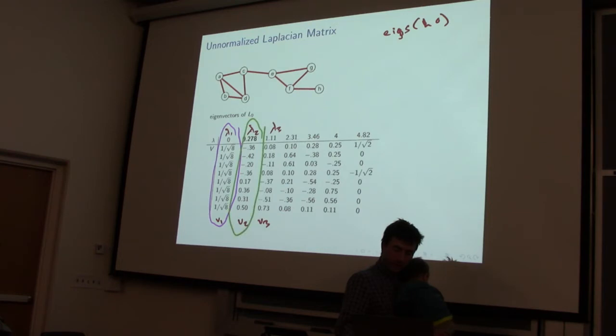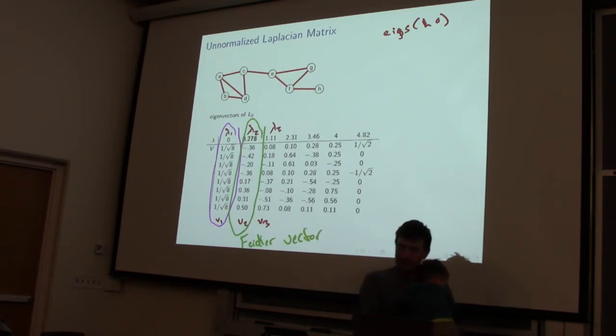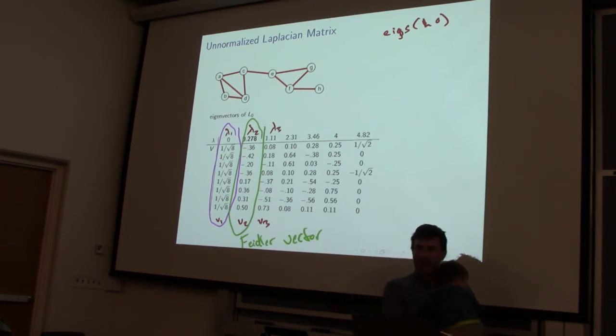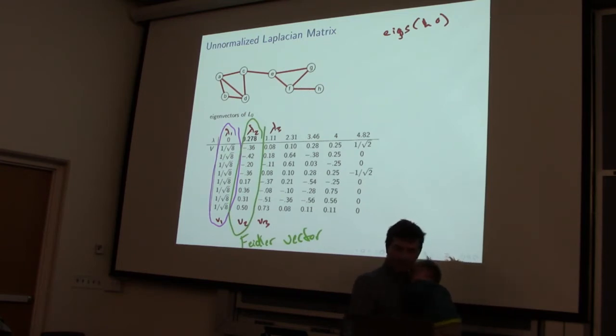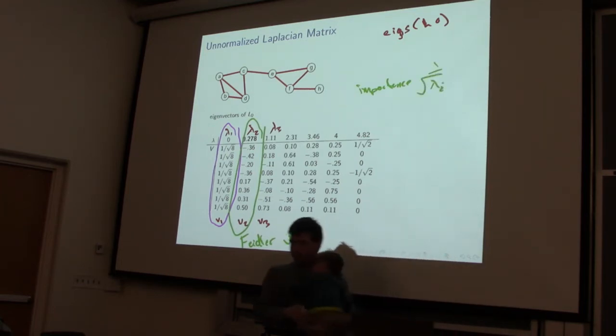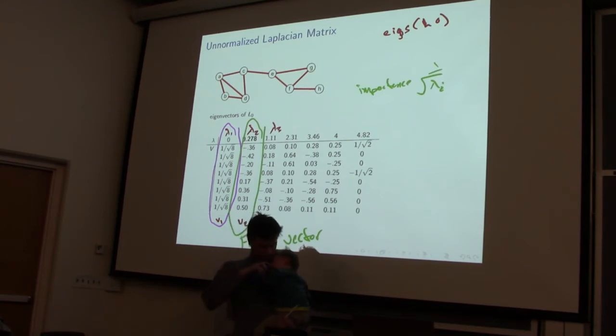is the interesting one. This is called the Fiedler vector, and this comes up in a lot of different analysis. This one is going to tell us something really interesting about this graph. The eigenvalue tells us how important it is, roughly at the rate of 1 over square root of the eigenvalue.